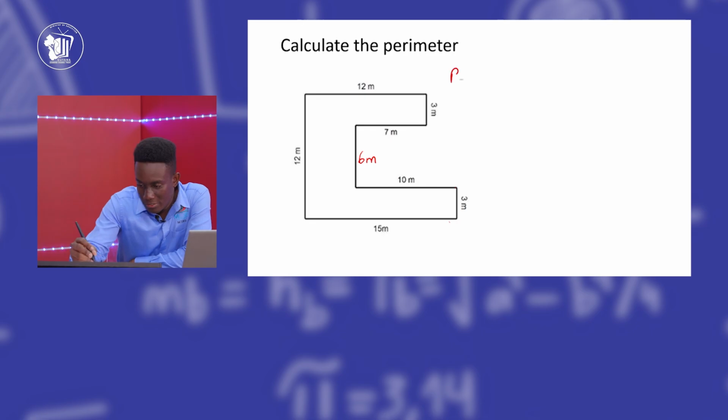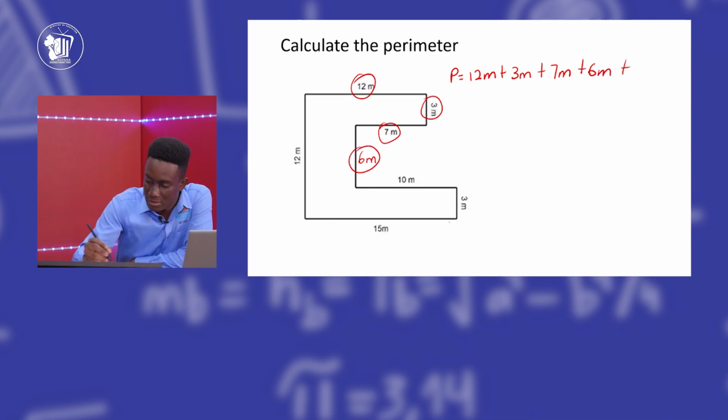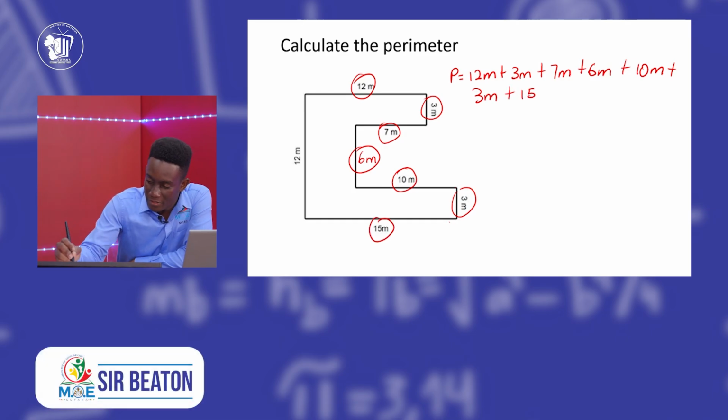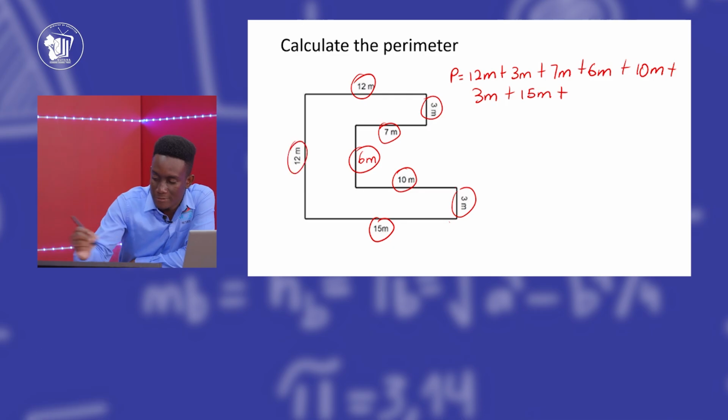So the perimeter here would be 12 meters plus, as we go around, 3 meters plus 7 meters plus 6 meters plus 10 meters plus 3 meters plus 15 meters plus 12 meters.